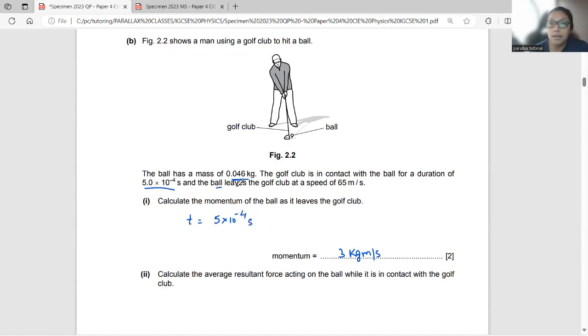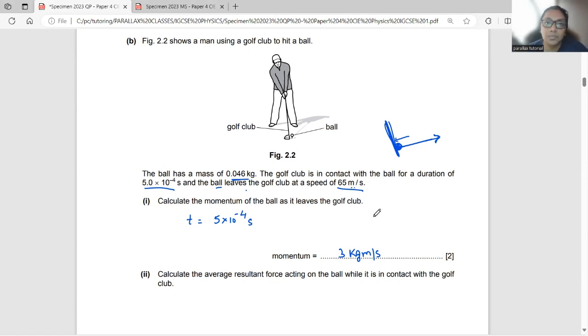And the ball leaves the golf club at a speed of 65 meters per second. So the ball hits the golf club and then leaves at this speed. This is a ball which is leaving the golf club after hitting it at a speed of 65 meters per second. The question is, calculate the momentum of the ball as it leaves the golf club.